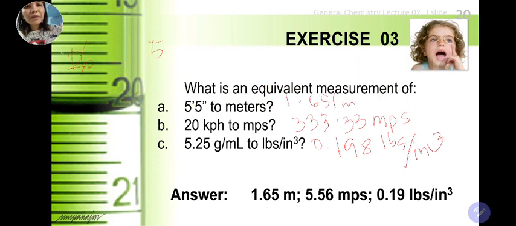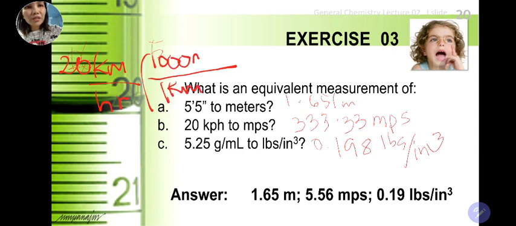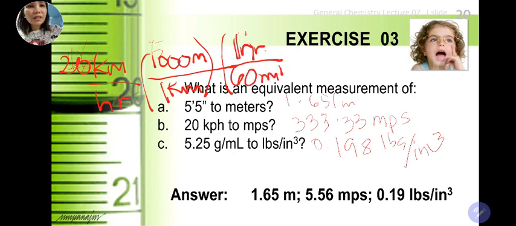Okay, again. 20 kilometer per hour times 1 kilometer is equal to 1,000 meters. And 1 hour is equal to 60 minutes and 1 minute is equal to 60 seconds.